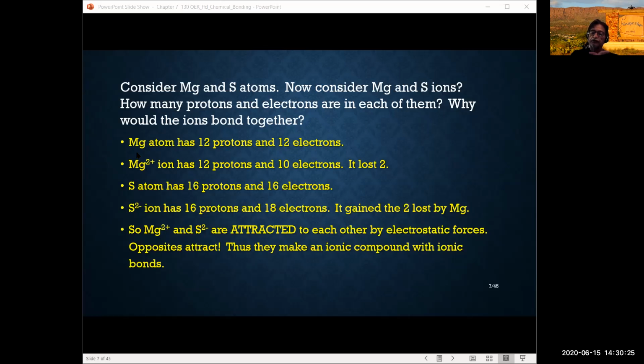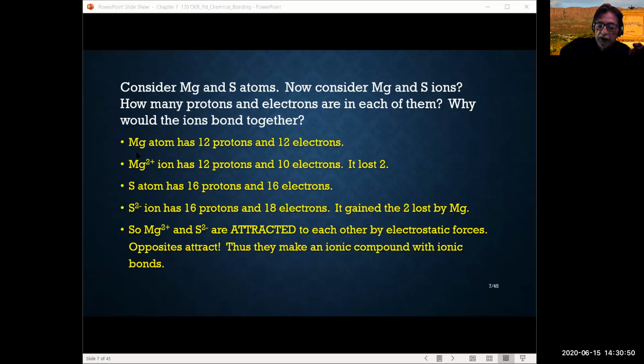Sulfur has a total of 16 protons and 16 electrons as an element. Okay, it is in group 6, and so therefore, being in group 6, it literally has room for 2 more electrons. Plus, it's a nonmetal, so it's going to gain 2 electrons. Now notice the name here.